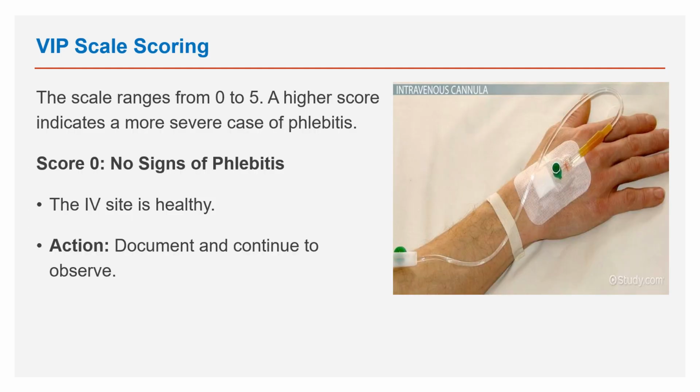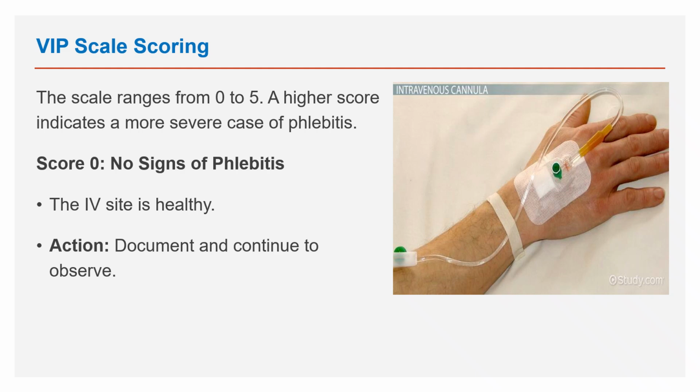Now let us learn about the scoring. The VIP scale scoring ranges from 0 to 5. A higher score indicates a more severe case of phlebitis. What is a zero score? A zero score means there is no phlebitis; the IV site is healthy.